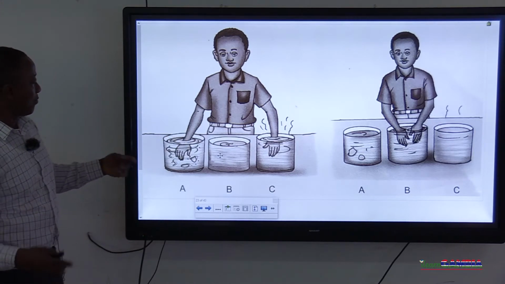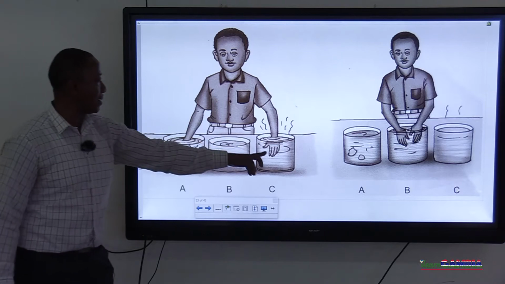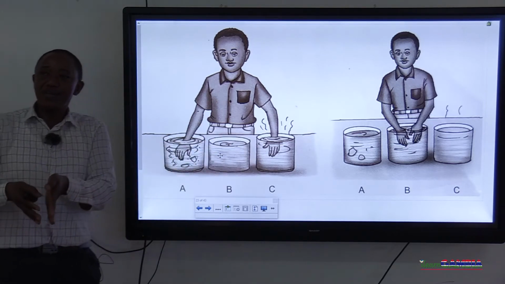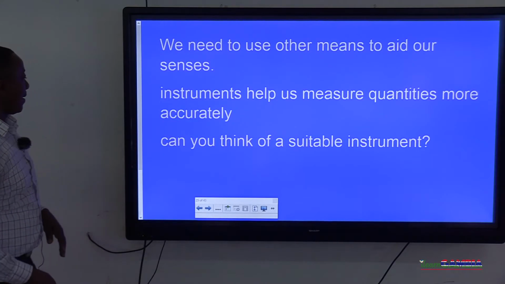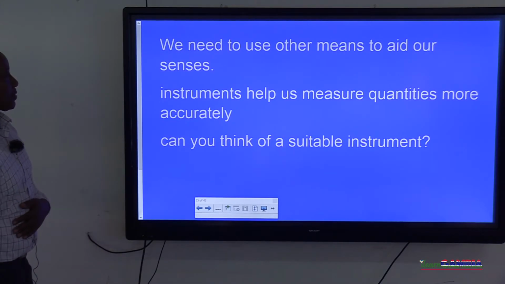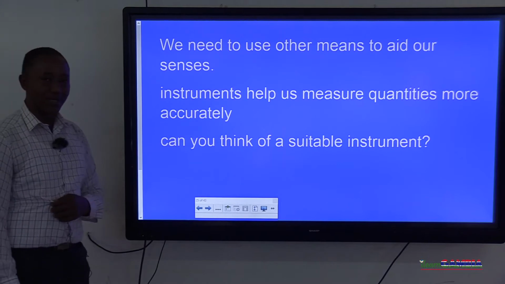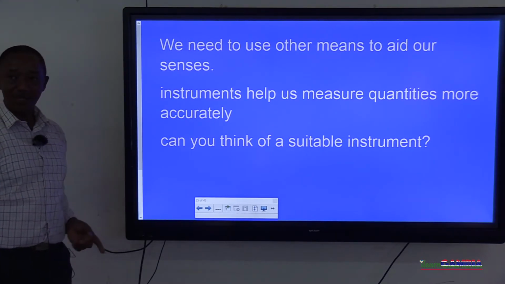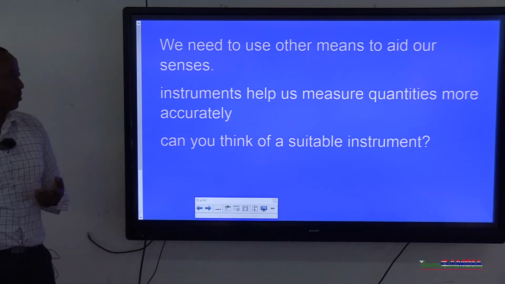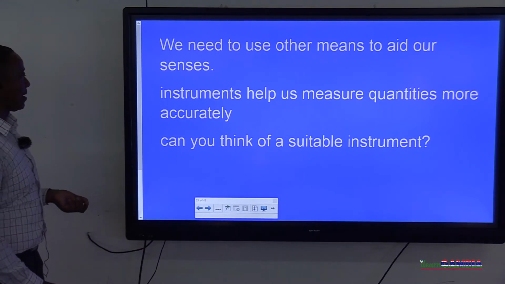But then if you now move your hand from cold and hot at the same time and dip them into warm water, then you get confused. So instruments that help us measure quantities more accurately is what we're looking at. And so it's asking you, can you think of one? Yes, I'm sure you remember the thermometer.